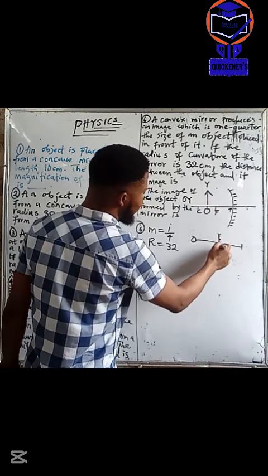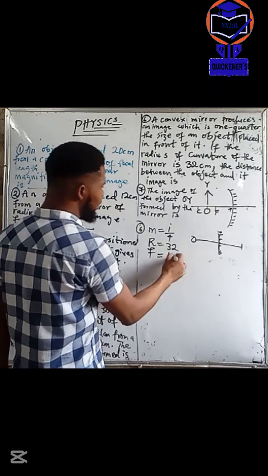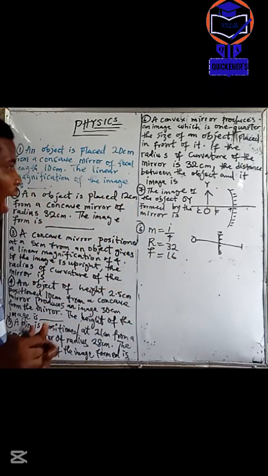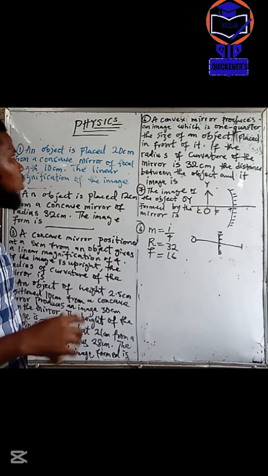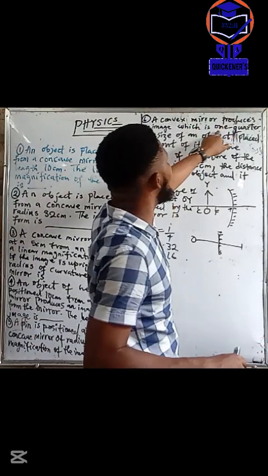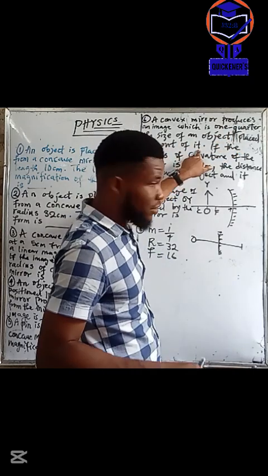So what is f here? f is 16, right? How do you solve this question? The convex mirror produces an image which is a quarter the size of an object placed in front of it.